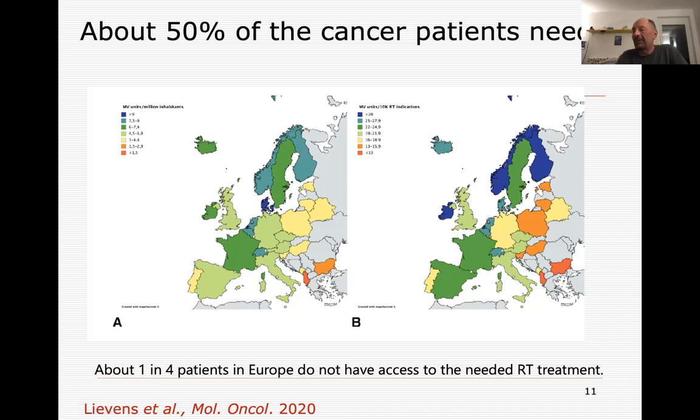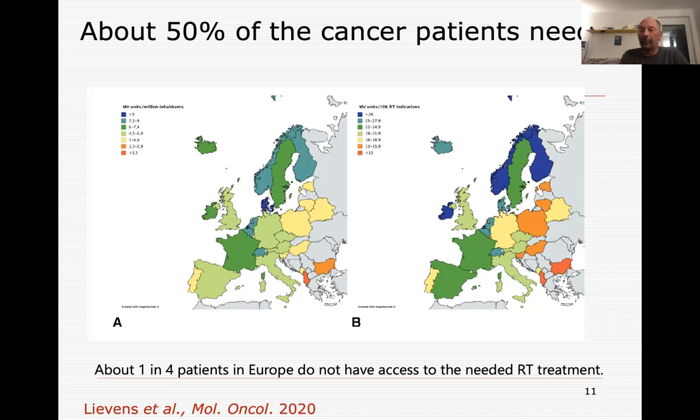What is the meaning of this plot? The meaning is that in Germany, you need more radiotherapy units, and then you need more medical physicists, because of course, medical physicists are essential. Every time you have a radiotherapy unit, you need a team, not only one, you need a team of medical physicists doing the treatment planning, the quality assurance, the dosimetry.